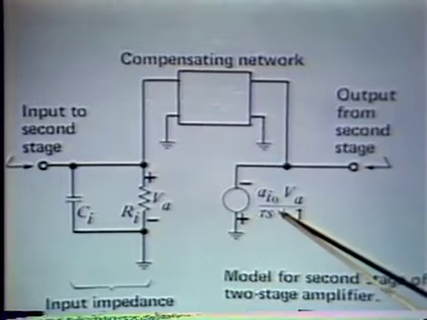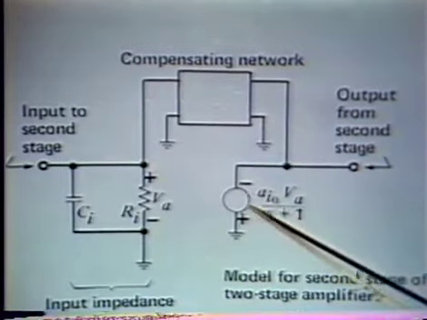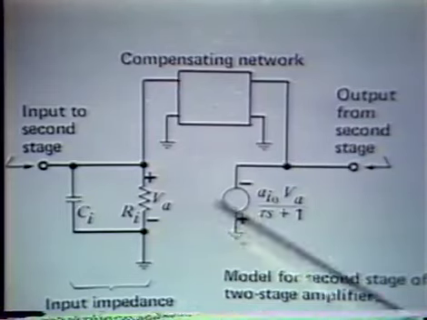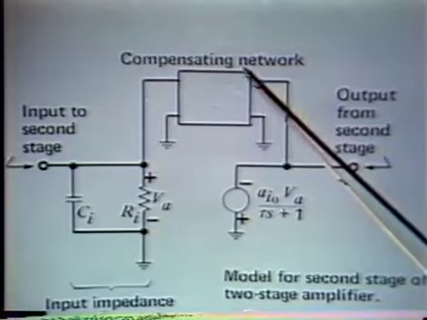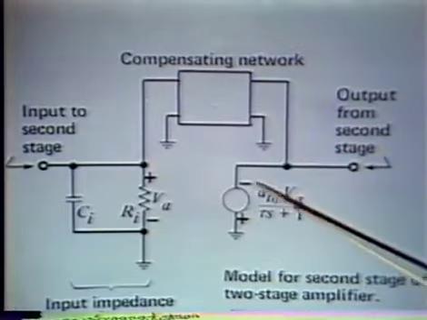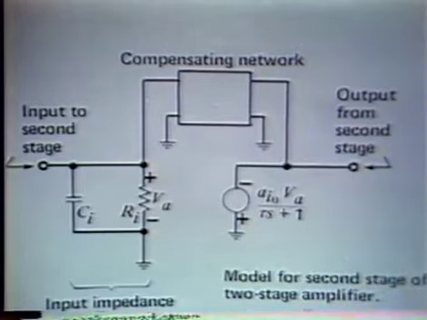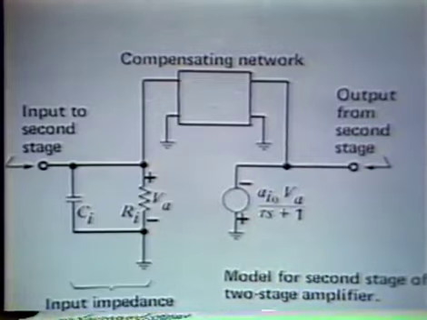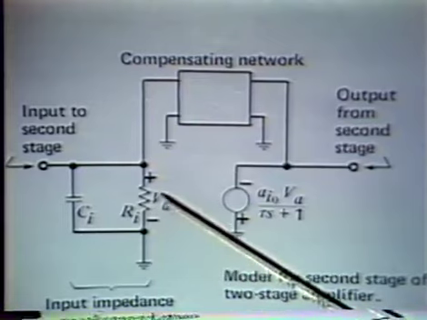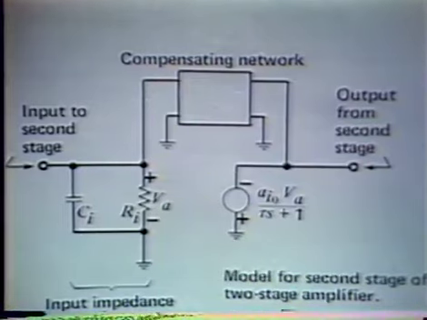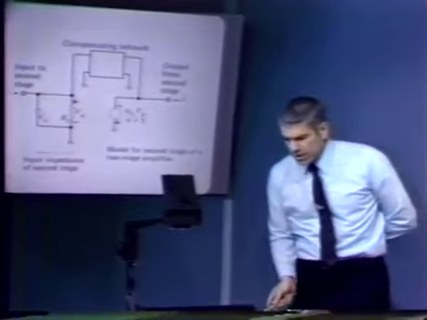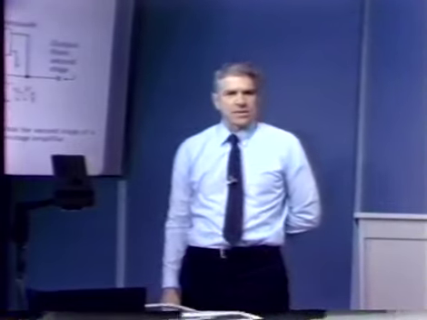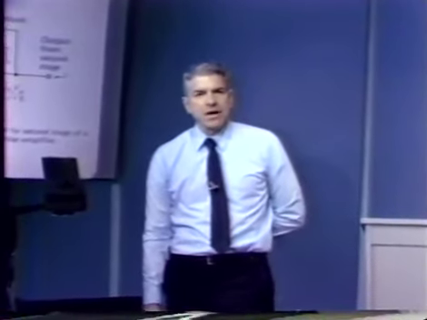We combine that with one additional pole in the open loop transfer function of the second stage, and we find out that we end up with a two-pole roll-off. If that two-pole roll-off is in progress in the vicinity of the minor loop crossover, why, we can have very low phase margin in the minor loop. And I think that's what gives us the teeth that we see in the transient response. I think that's a sign of impending minor loop instability.